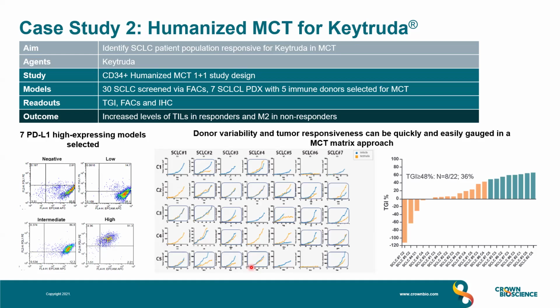So you can get a checkerboard of 5 different donors across 7 different models. And this was in a 1-by-1 design. You can see the variation across the checkerboard, and this is summarized nicely in the waterfall plot. And here you can see that there is a 36% response rate in the small cell lung cancer PDX, which actually did correlate with the clinical response to Keytruda.